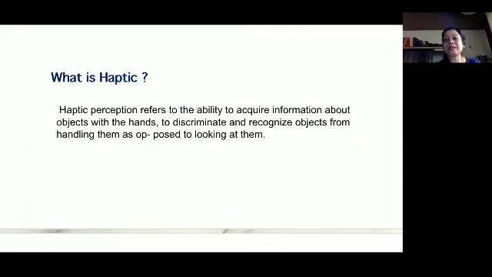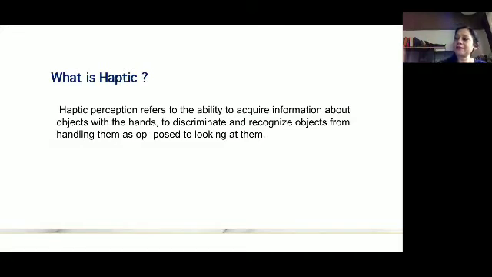So haptic perception refers to the ability to acquire information about the object in hands, to discriminate and to recognize objects from handling them as opposed to looking at them. So just give a sort of a reflection to this definition.